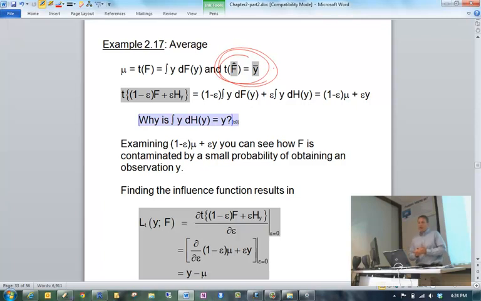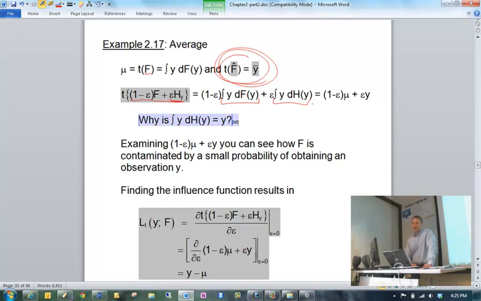Okay. Well, what happens when we change what goes inside the statistical function, so that now I have this mixture distribution in there? Well, simply, what happens is this. You take this integral of y dF of y, multiplied by 1 minus epsilon, plus now this extra part, the integral of y dH of y, multiplied by epsilon.